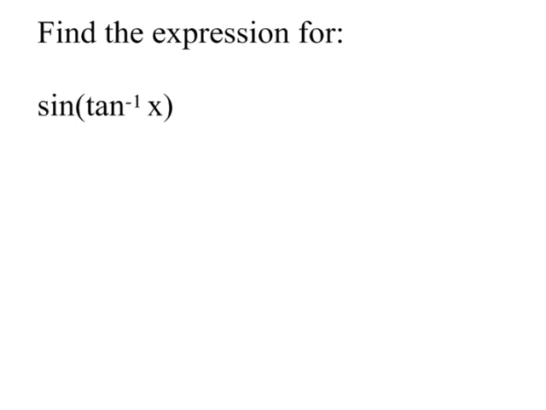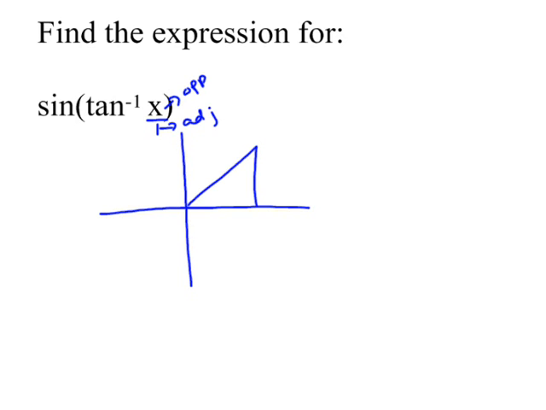Okay, stop the video, see if you can't figure this one out on your own, and then play again. Okay, so I would realize that tan, this is x over 1, and tan is opposite over adjacent. So when I draw out my triangle, I know my opposite side is x, my adjacent side is 1. Do the Pythagorean theorem, 1 squared plus x squared gives me c squared.